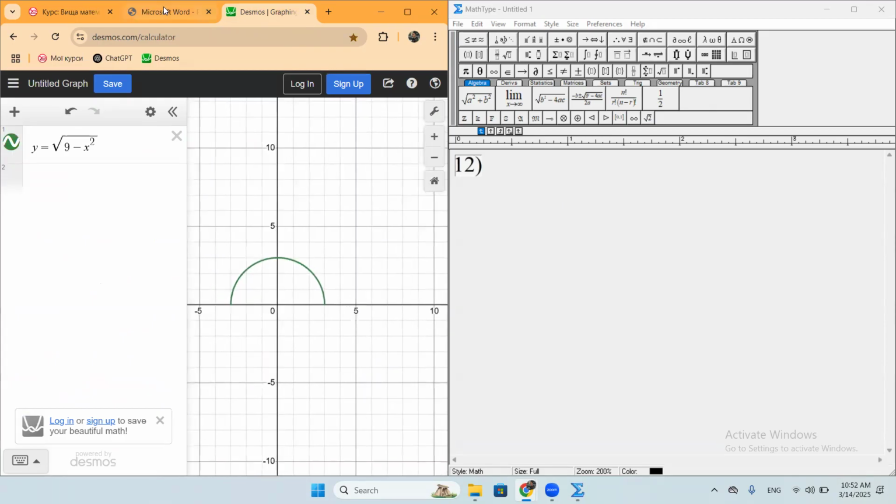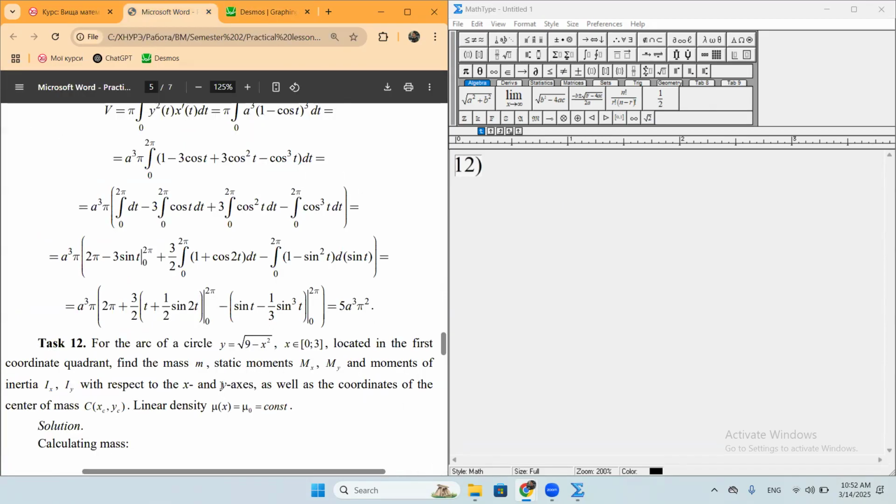And we have to calculate the mass of the figure, static moments, and moments of inertia with respect to x and y axis. And then we have to find coordinates of the center of mass. A linear density is a constant.